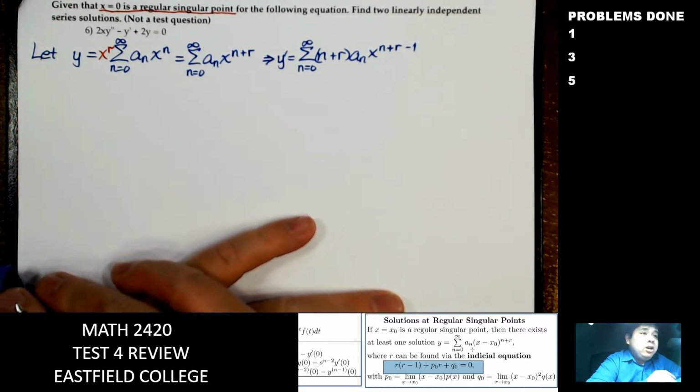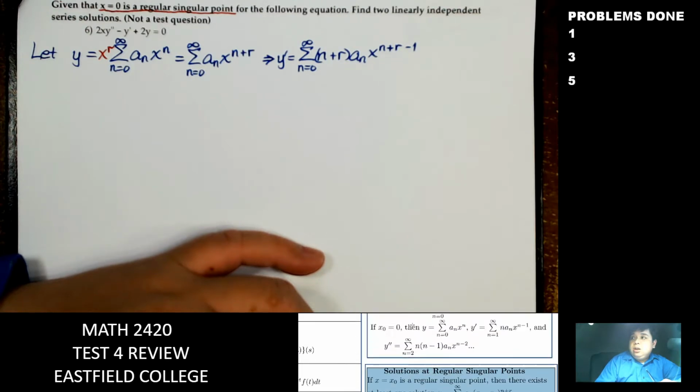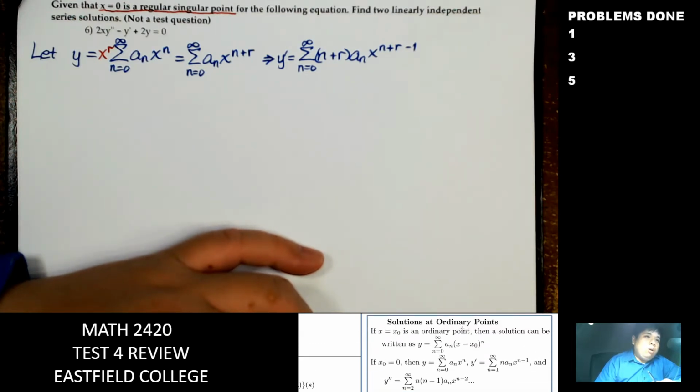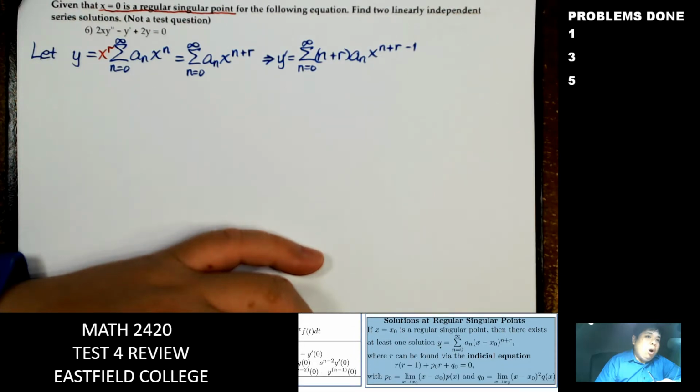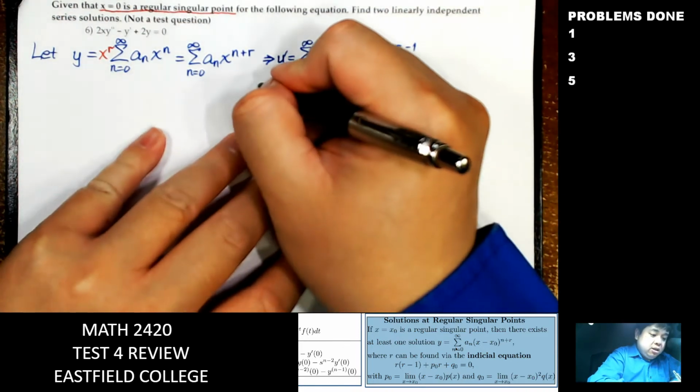The difference between this and the ordinary solution is that the index will shift from 0 to 1 and then to 2 for the ordinary point. This is a regular singular point. Because of the r, we don't know what it is, so we always keep the 0 as the index.